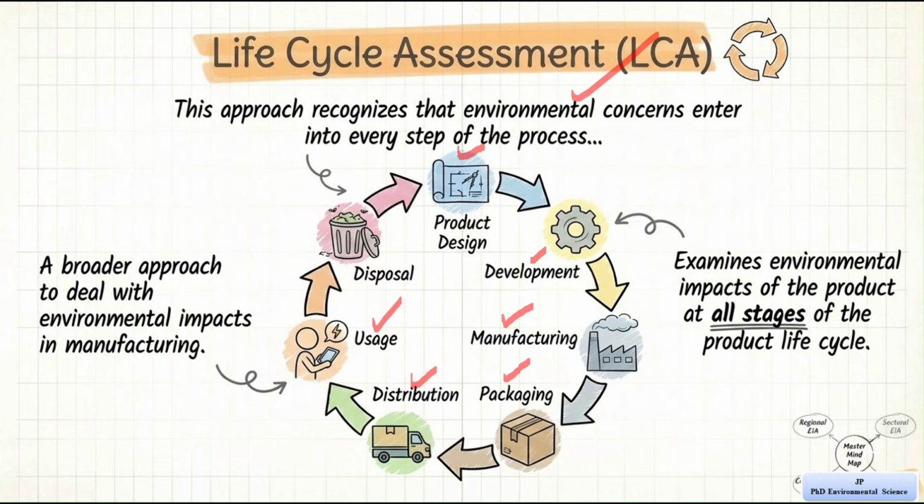Usage, when people use the product, like using electricity or resources. For example, mobile phone uses electricity while charging. Disposal, what happens after use? Waste, recycling or dumping. So it examines environmental impacts at all the stages.